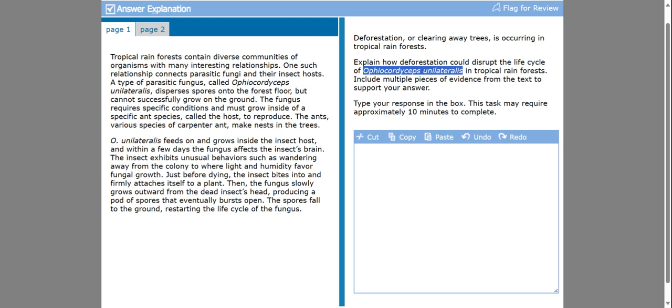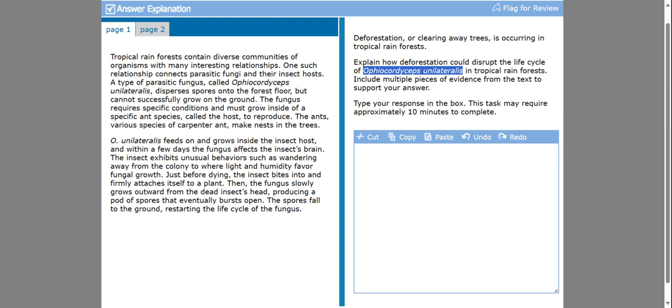Ophiocordyceps unilateralis. But the question has nothing to do with figuring out how to pronounce this. The question is explain how deforestation could disrupt the life cycle of Ophiocordyceps unilateralis in tropical rainforests.